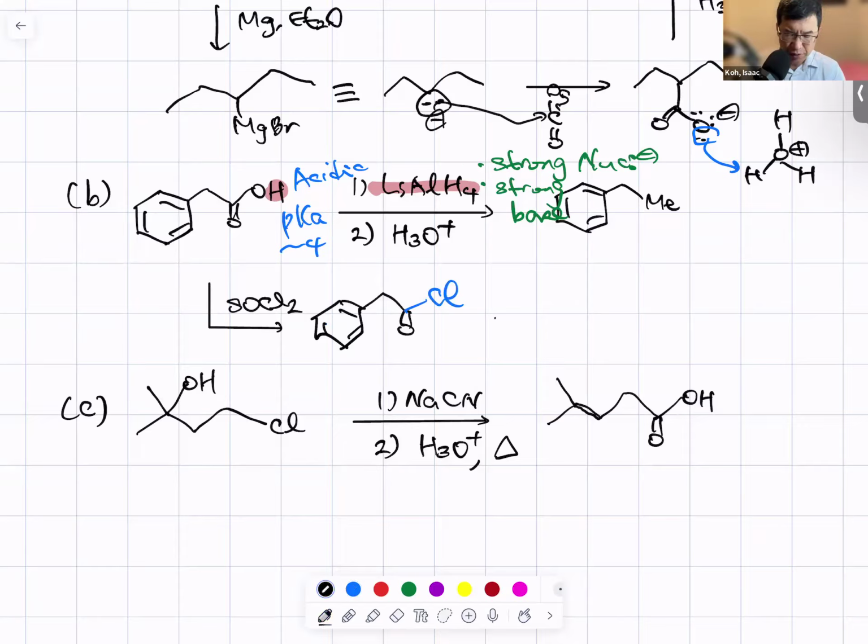Then when you treat this one with excess lithium aluminum hydride, it will make primary alcohol. So two hydrogens will be added. So we can make this one into primary alcohol. And then we can think about other methods, how to get rid of this oxygen, something like that. Okay.